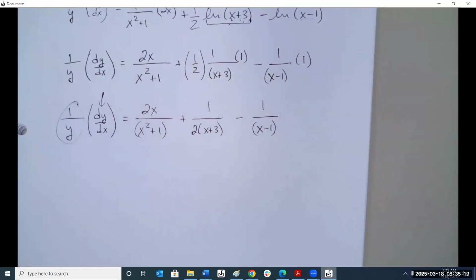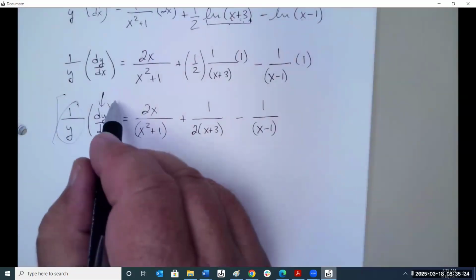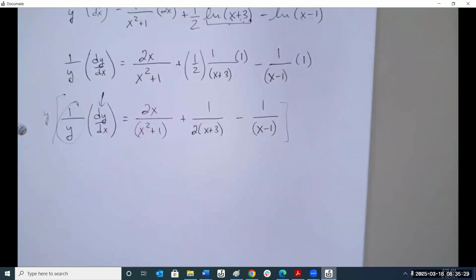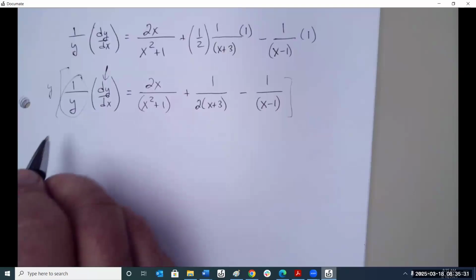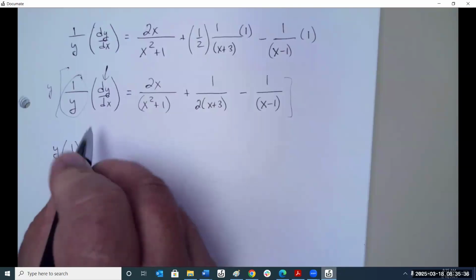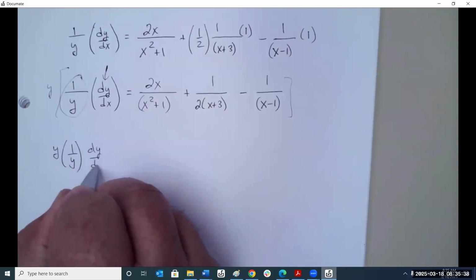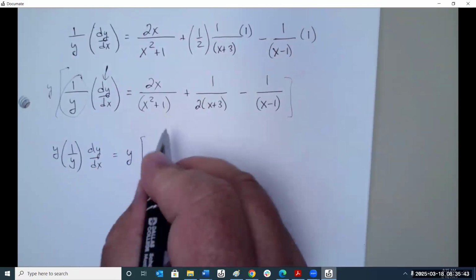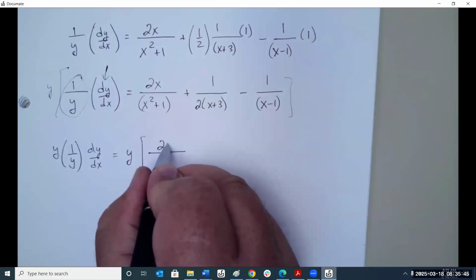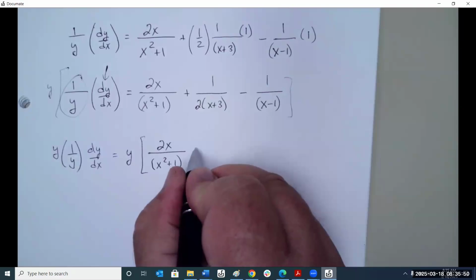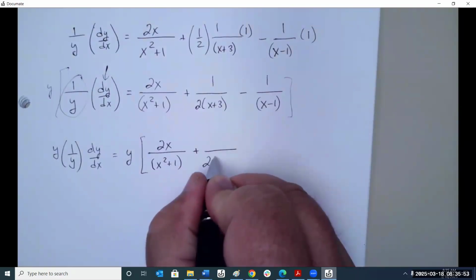How do we get rid of the 1 over y? Multiply both sides by y. The rest of that equation goes inside parentheses or brackets.